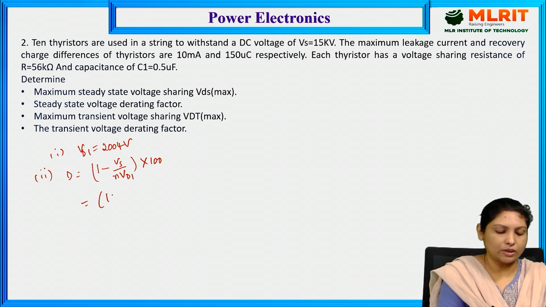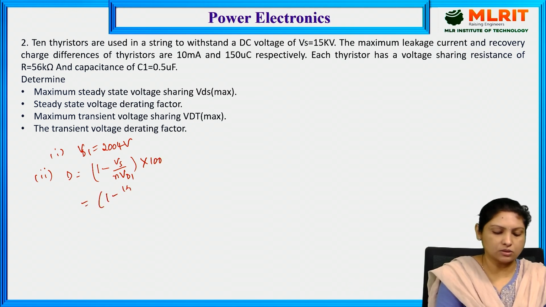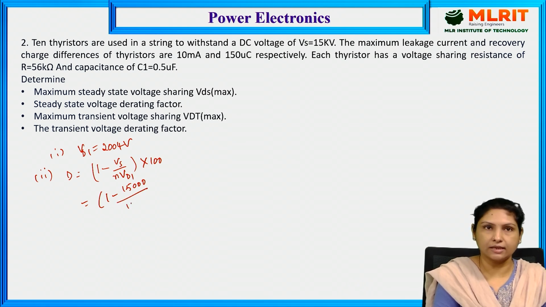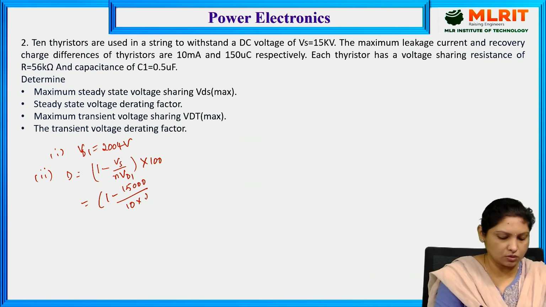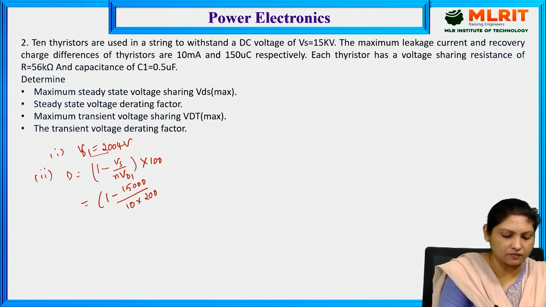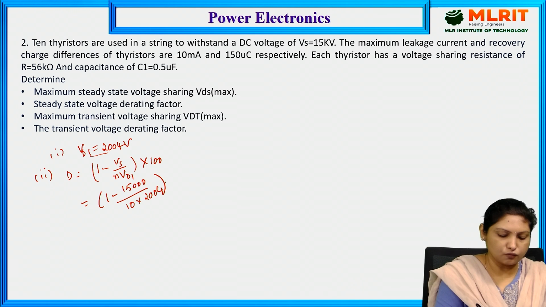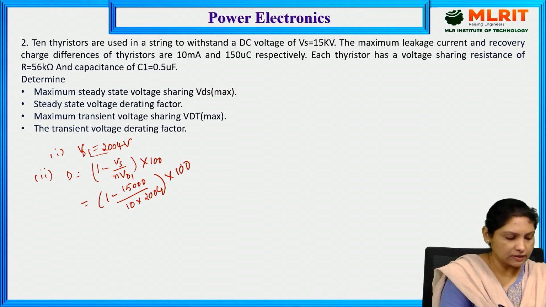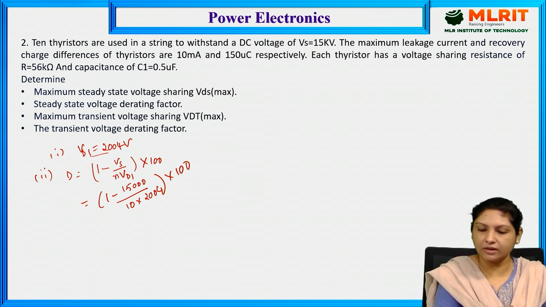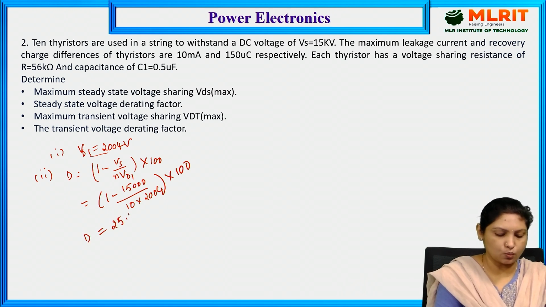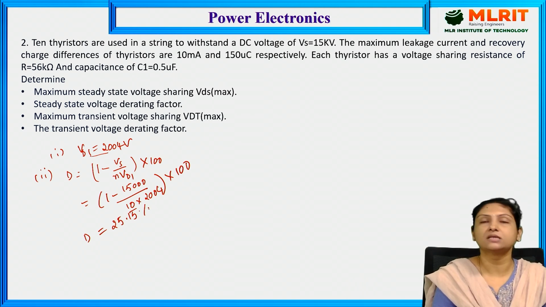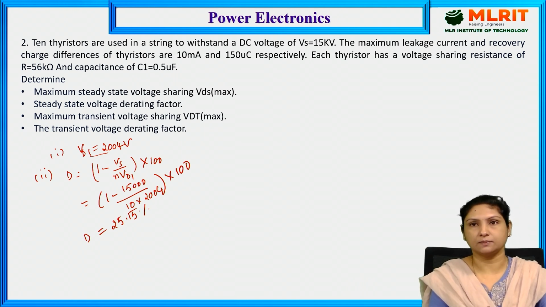Here Vs is 15,000 volts divided by N, the number of SCRs, which is 10, into VD1, which is 2004, which we got previously, into 100. So the derating factor value is 25.15%. This is nothing but the steady state voltage derating factor.